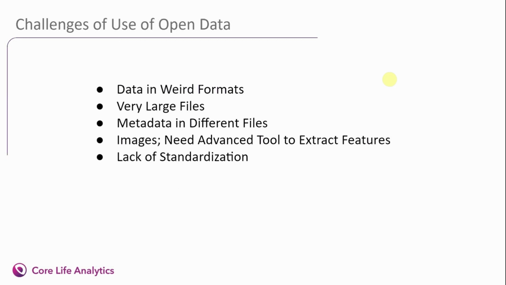Another problem, of course, that has been addressed earlier is that there's a lack of standardization. Now, will it be possible for everything to be done in a completely standardized fashion? I don't think that's realistic, but one thing that can greatly help with this is proper tools that are flexible enough to allow people to pull in data from various different sources.